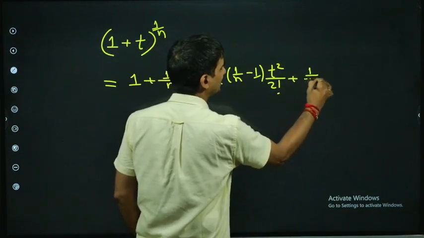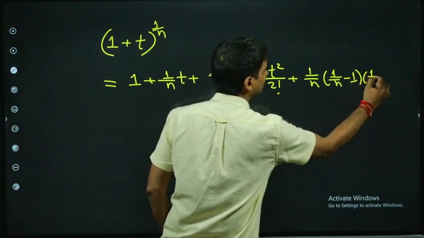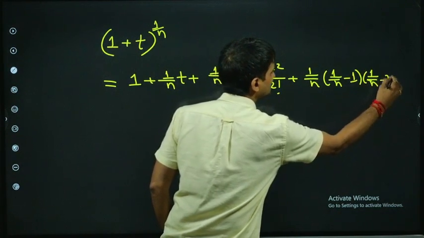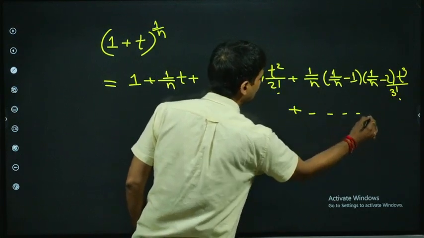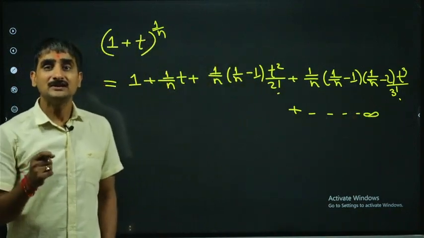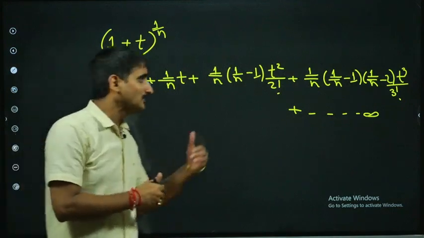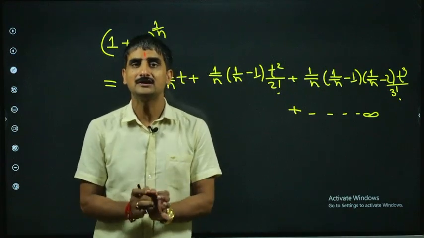Similarly, you can go on writing till you wish. There is no restriction as to the number of terms. You can write as many terms here as you want, t cube by 3 factorial, and that's the pattern which we follow. The point is you get whichever degree term you wish in this polynomial form of expansion.